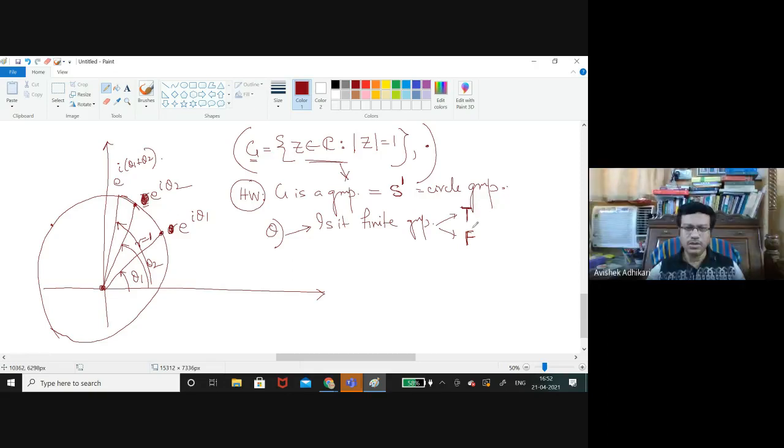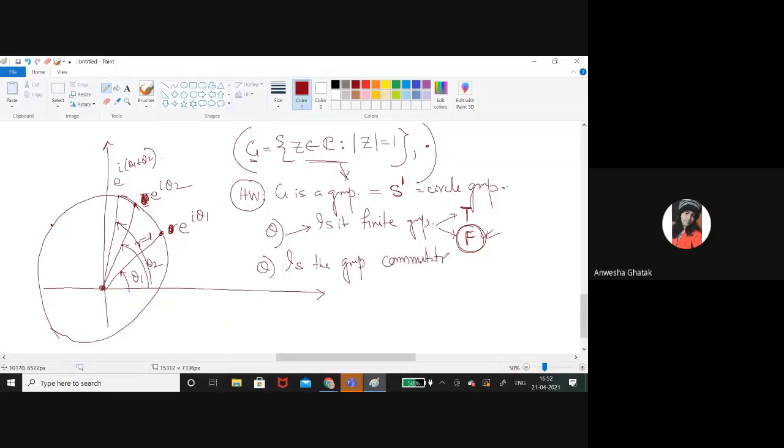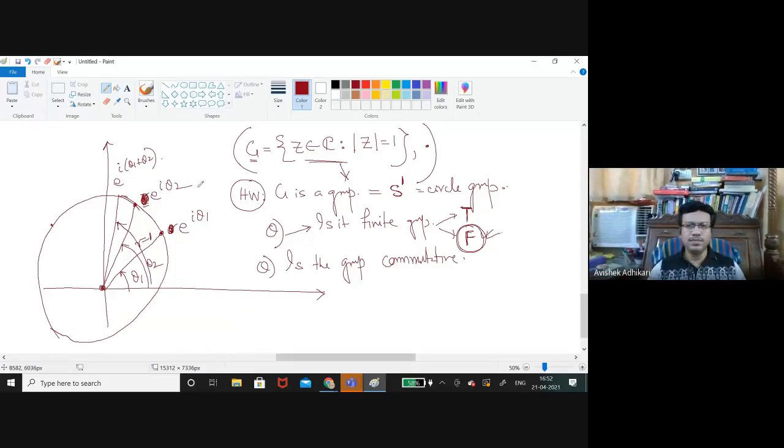Good. So this is an infinite group, which means finite is false. Is the group commutative? Yes, sir, because you can interchange: theta 1 plus theta 2 equals theta 2 plus theta 1, and as a result this is a commutative group.